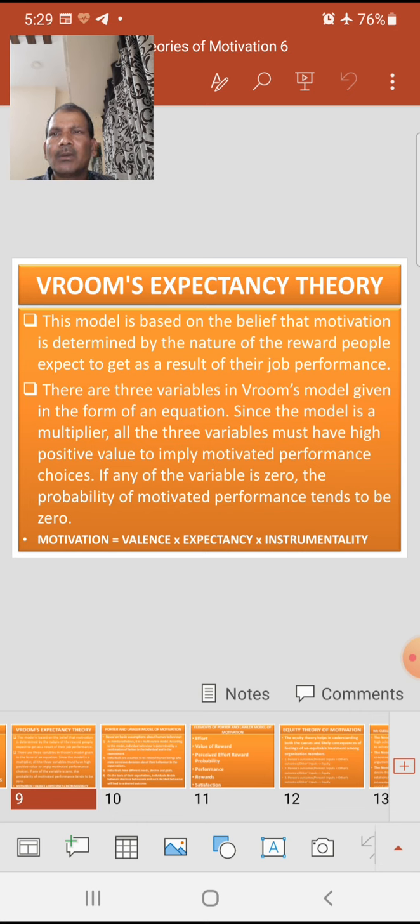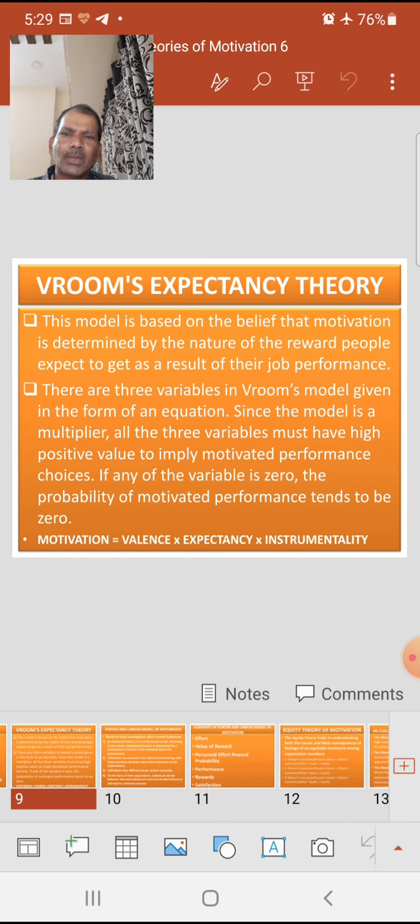This is particularly true for routine jobs. Although it is an important theory of motivation, it is quite complex. Many managers in actual organizational situations do not have the time or resources to use a complex system on the job.